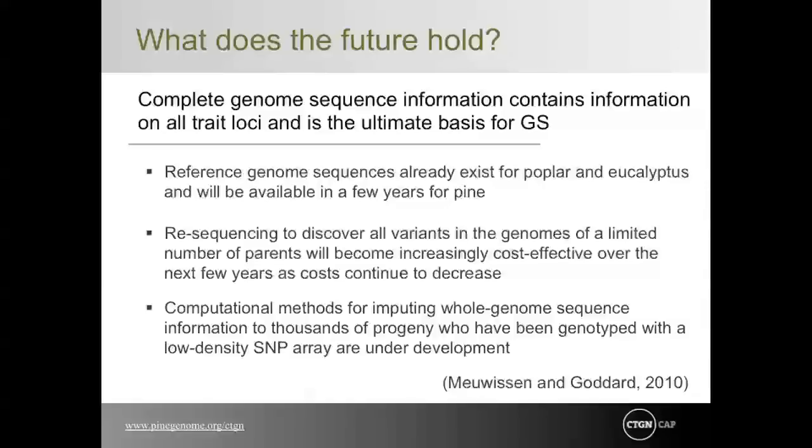At the current rate of expansion of DNA sequencing technology, the cost of obtaining nearly complete genome sequence data on founders of breeding populations is likely to drop to an acceptable level within the next few years for some high-value species. Meuwissen and Goddard used simulated data to explore the added value of having whole genome sequence information of population founders and imputing that high-density data to progeny based on identity by descent estimated from a relatively low-density set of SNP genotypes of the progeny.